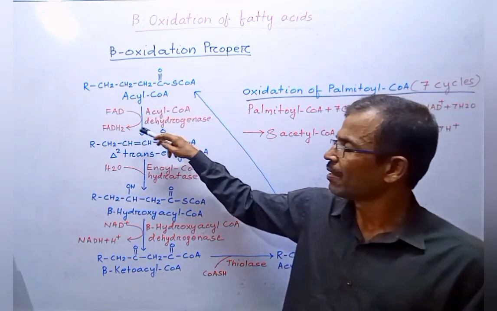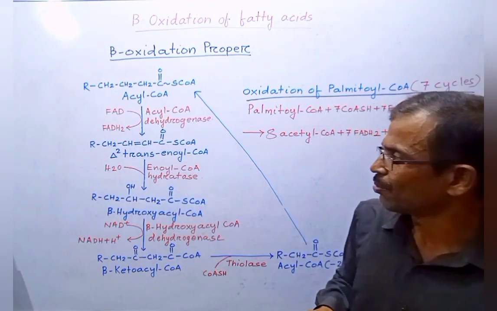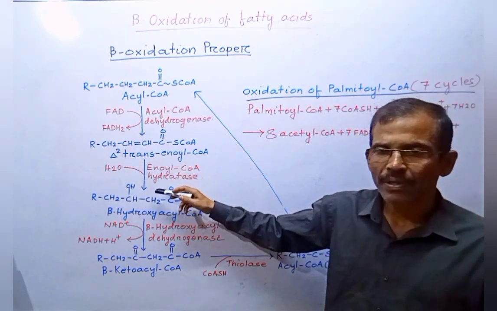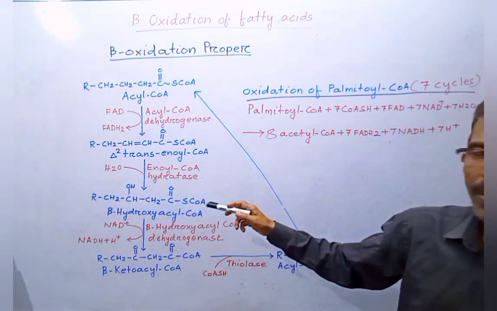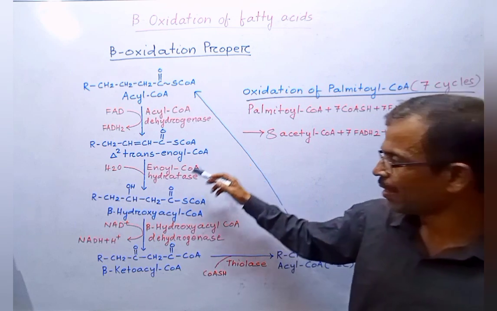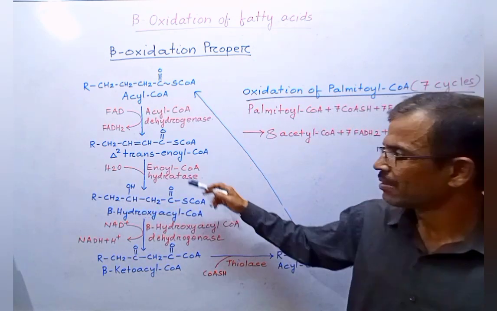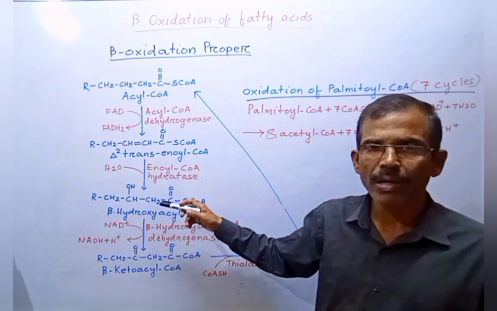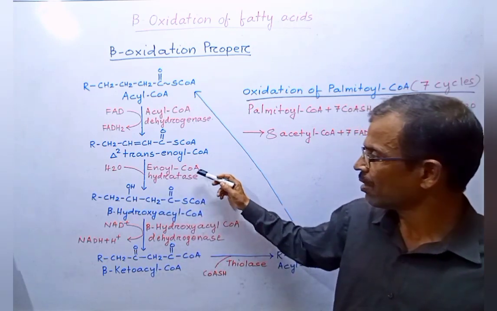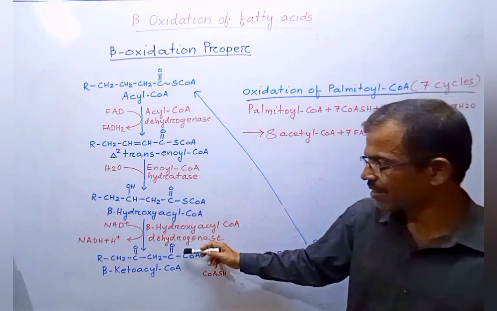In this step, FAD is reduced to FADH2. The second step is the hydration of delta 2 trans-enoyl coenzyme A to beta hydroxyacyl coenzyme A. This reaction is catalyzed by the enzyme enoyl coenzyme A hydratase.